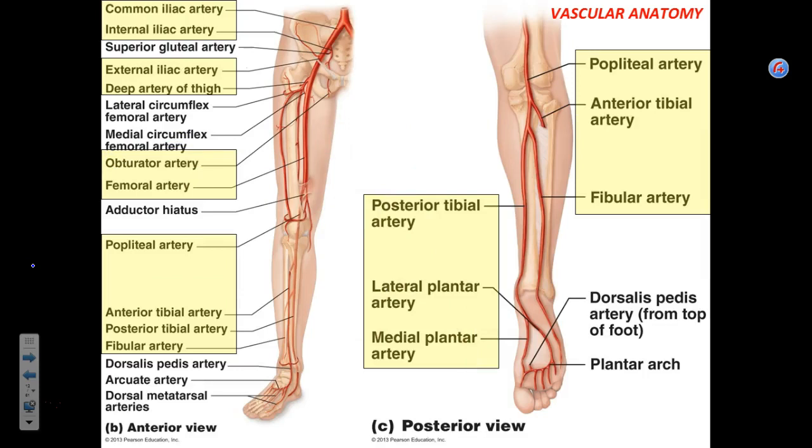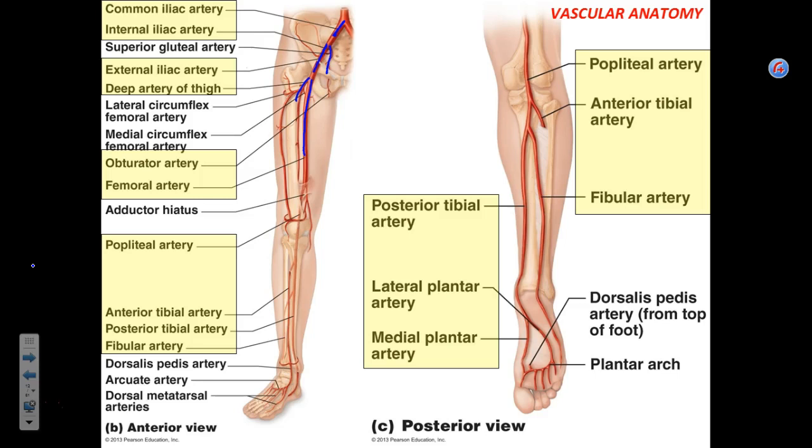Now, in the legs, you've got common iliac, which branches into the internal iliac artery, and fairly short external iliac. External iliac branches into the deep artery of the thigh and the femoral. Now, if you think about the analogy with the upper limbs, in upper limbs, subclavian artery becomes axillary, and then axillary branches into the deep artery of the arm and brachial.